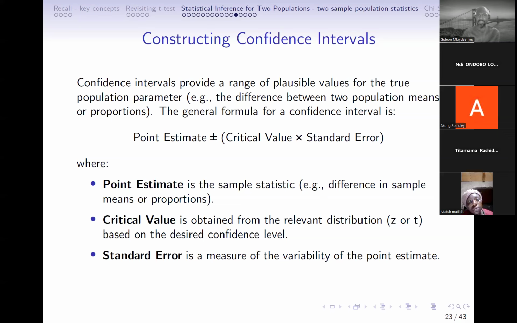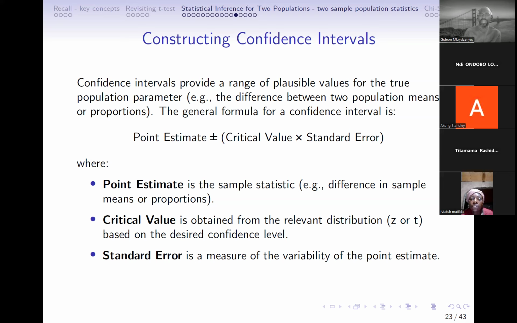For example, let's suppose the difference between two population means or proportions is the statistic we want to estimate. We've talked a lot about how the calculations from the sample, which is like a small subset of the population, allow us to determine if those claims about the population can be true.